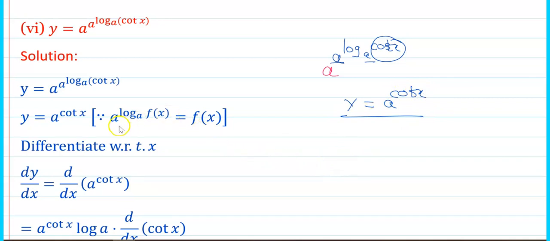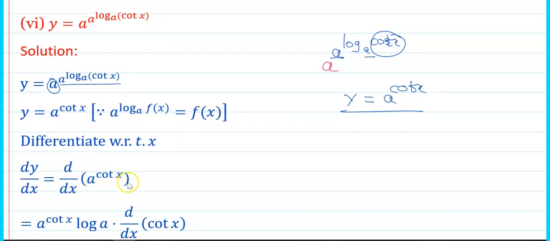And a raised to log of f of x to the base a, where do we use it? For this quantity we have applied that formula. This a is as it is and the answer of this is a raised to cot x. Therefore y is equal to a raised to cot x. Differentiate this with respect to x. Therefore d/dx of a raised to cot x: what's the derivative of a raised to x?